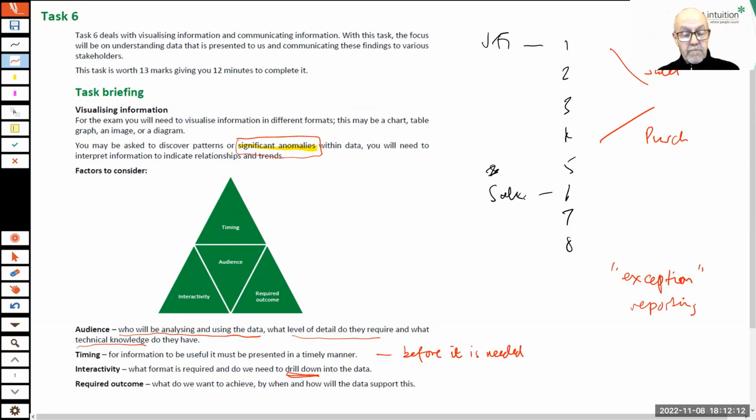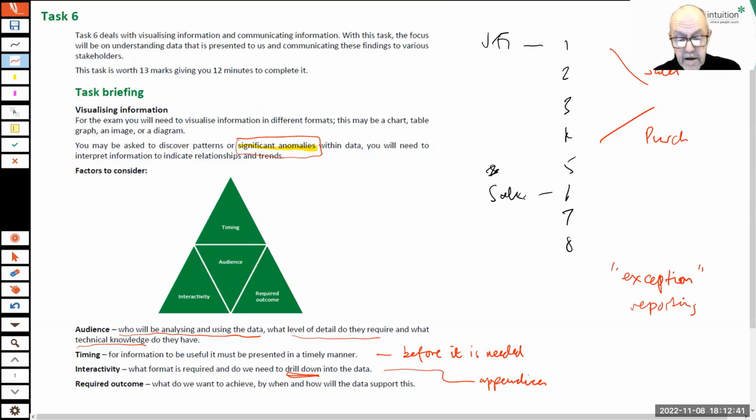When you're presenting information, do you need to present it in a form where, if they want more detail, they can click on it if it's presented electronically? If it's a written report, we've had drill downs even in paper reports for a long time. We use appendices: see Appendix 3, see Appendix 4, whatever.